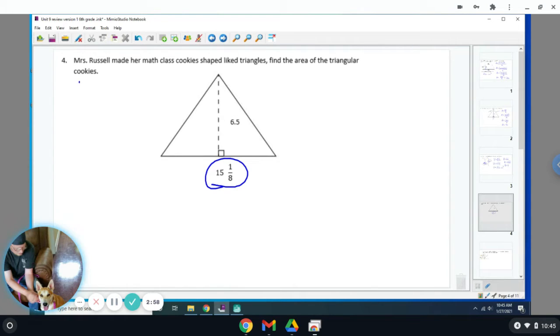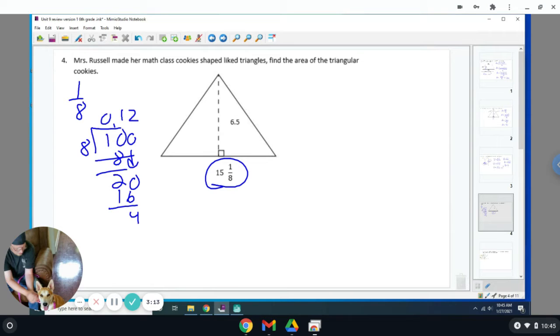So I'm going to change 1/8 to a decimal by dividing 8 into 1. So 1/8 is 0.125. So 15 and 1/8 will be 15.125.